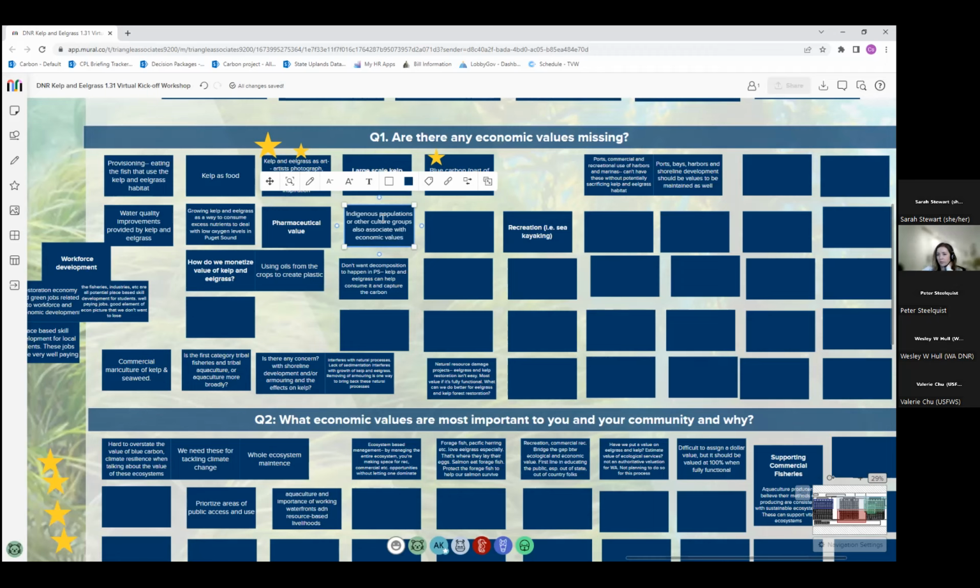Yeah, that's a really good point. Do you have the details in terms of what you mean by that? What Indigenous populations might see in terms of the economic value? I know Bridget Ray was over in the social cultural group, and she is Indigenous. I would punt that over to the Indigenous cultures to explain more.